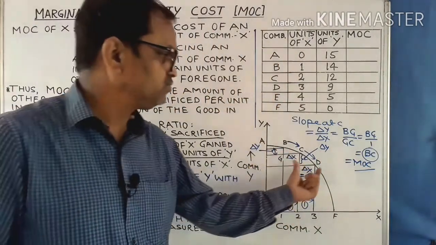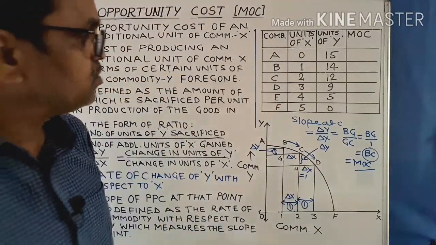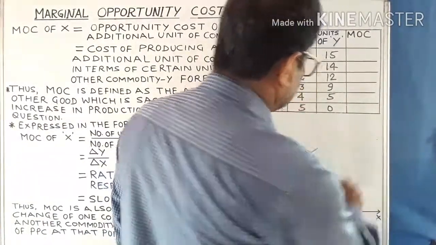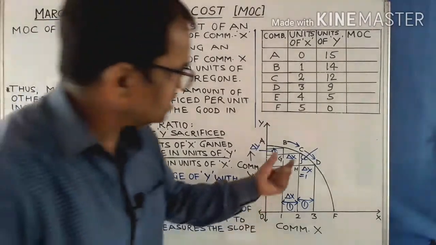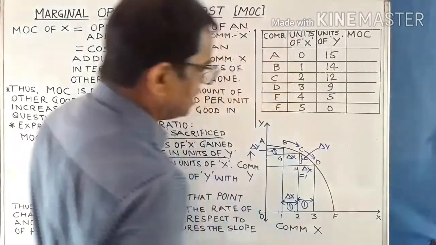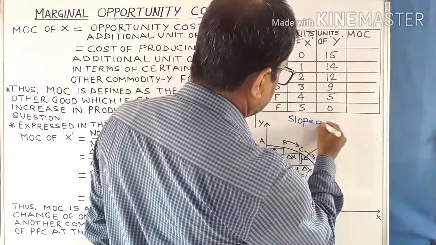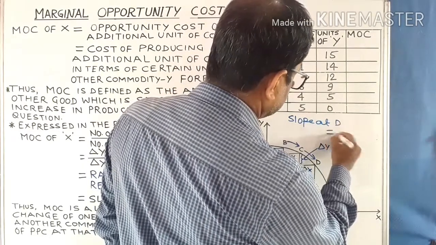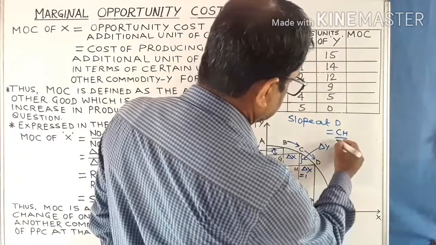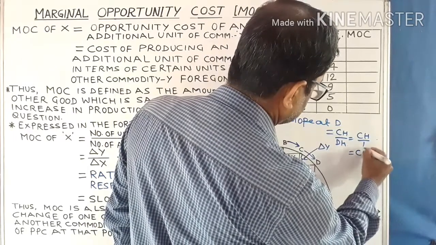The ratio of the two is the slope at point D. So at point D the slope is delta Y, here this is CH, and what is delta X? That is DH. So whenever we calculate the slope at D, this is equal to delta Y, that is CH, by delta X, that is DH, and this is equal to CH by 1, that is CH.